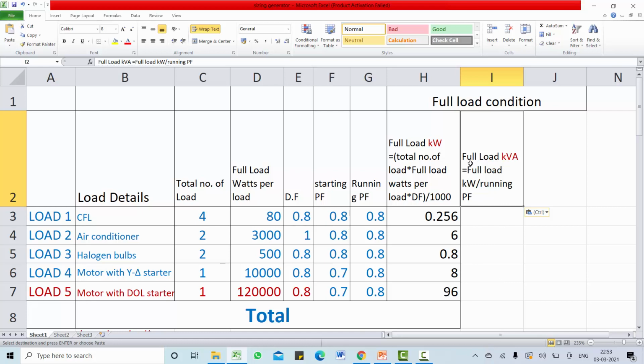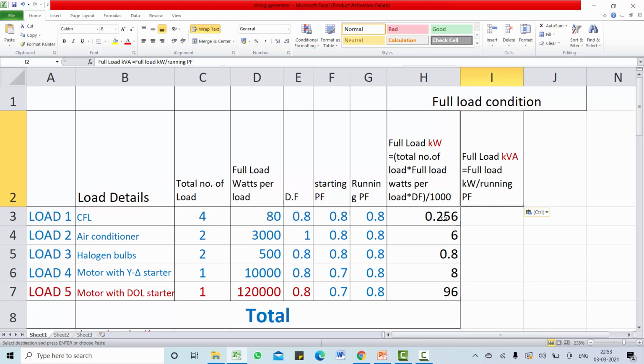Then you calculate full load kVA. Full load kilowatt must be converted to full load kVA by dividing by the running power factor. Remember, I am calculating this for full load condition, so it must be the running power factor.